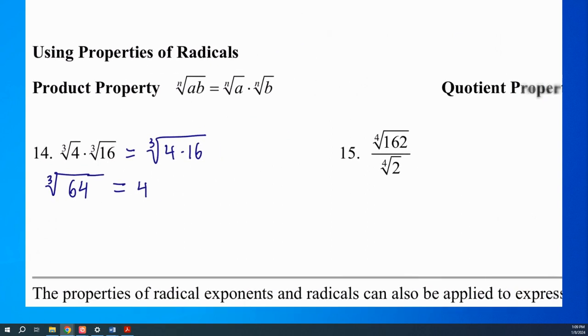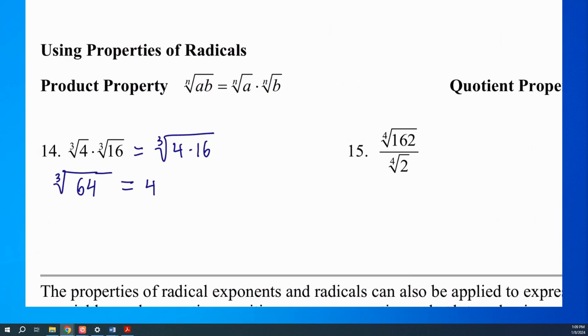So then we have this next one. Similarly, we can do the same thing with dividing radicals. So we can combine this into one radical because 162, is it nice and pretty? No. But does 162 divide by 2? Yeah. So let's go ahead and divide them first to get a smaller number, and then we'll worry about simplifying.